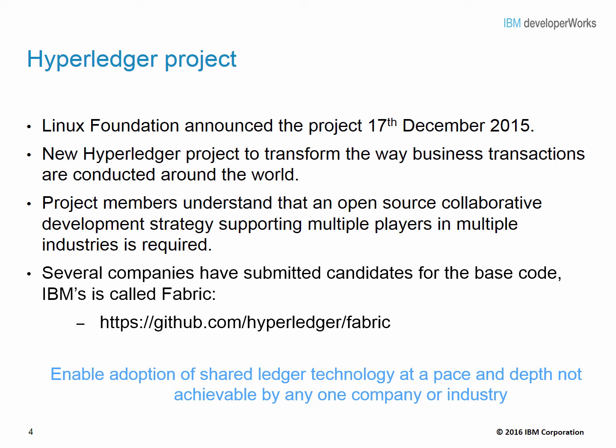On February 2, 2016, IBM committed 44K lines of code to a GitHub project and continues to collaborate with other project members in development. IBM's contribution to the base code in this project is simply called Fabric.